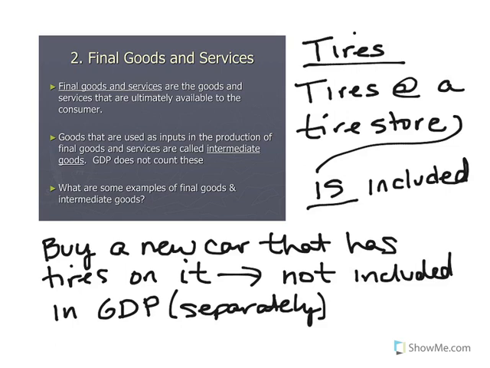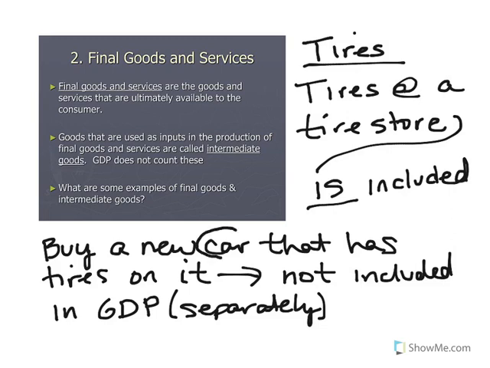In other words, those tires were used as an input. The car company purchased those tires from the tire producer and then used them as an input, installed them on the new car that was then sold as the final good or service in the market.